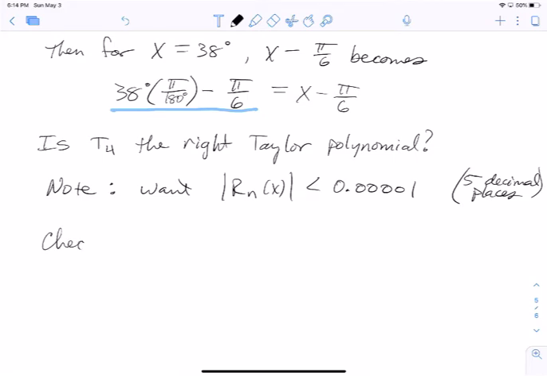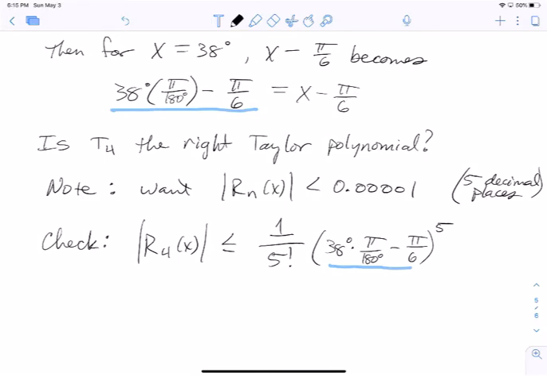So we check. R sub 4 of x in absolute value is less than or equal to 1 over 5 factorial times, well, x minus a. Guess what x minus a is? That's right, 38 degrees times pi over 180 degrees minus pi over 6, and that is to be taken to the 5th power.